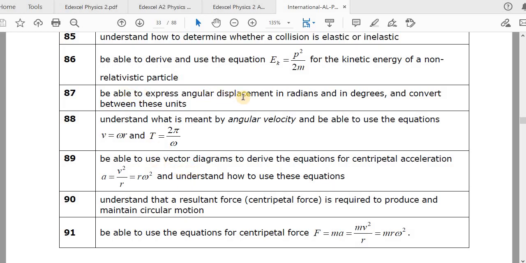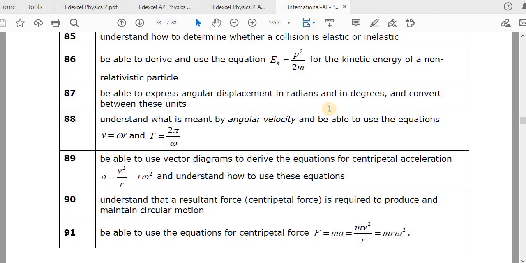Be able to express angular displacement in radians and in degrees. Now there are 2 units of angles that you are supposed to know. One unit which you have learned even in the O-level or Edexcel 9-1 classes is the degree. Now we have another unit, that is the radian. 2 pi radians is equal to 360 degrees.